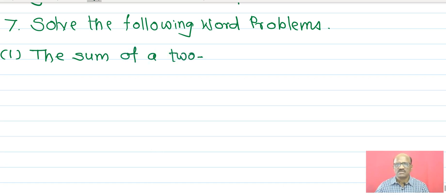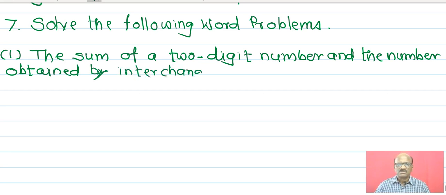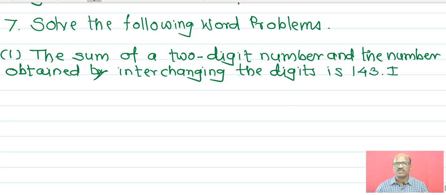The sum of a 2-digit number and the number obtained by interchanging the digits is 143. मग 2 अंकी संख्या, मग त्यांची बेरीज आणि डिजिट्स इंटरचेंज केल्यानंतरची बेरीज.